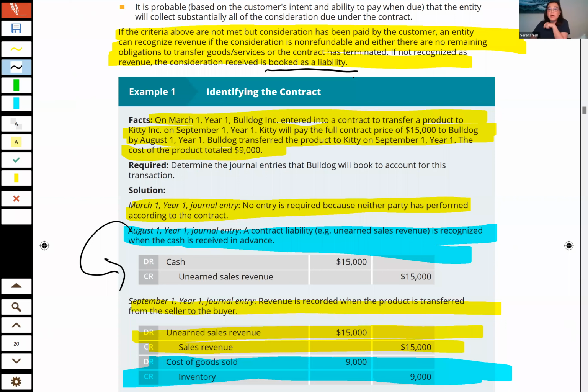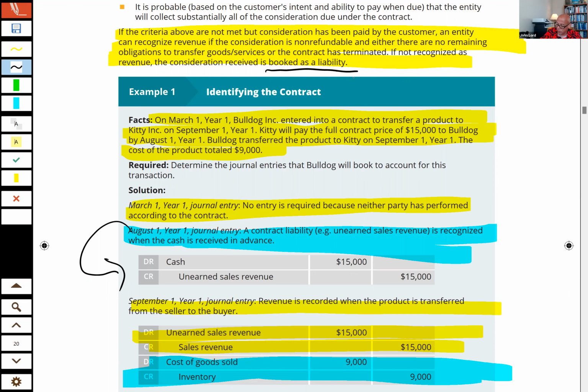I want my money back. What would you do if they said, no, I ain't giving it to you? Sue them? Yeah, you take them to Judge Judy, and she says you're giving this person their money back today because you didn't perform on the contract. Okay, good.